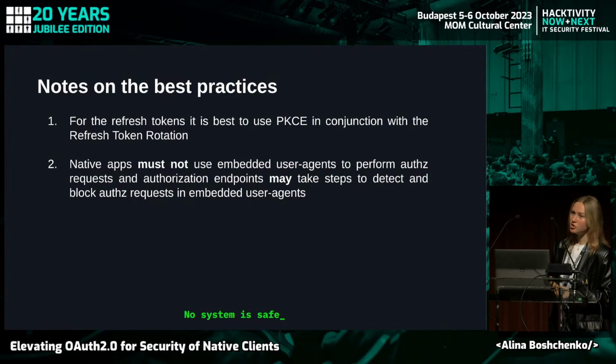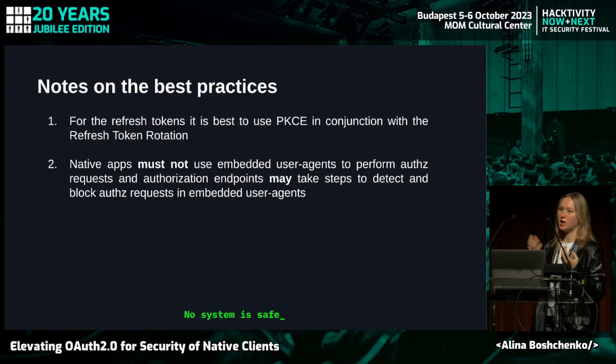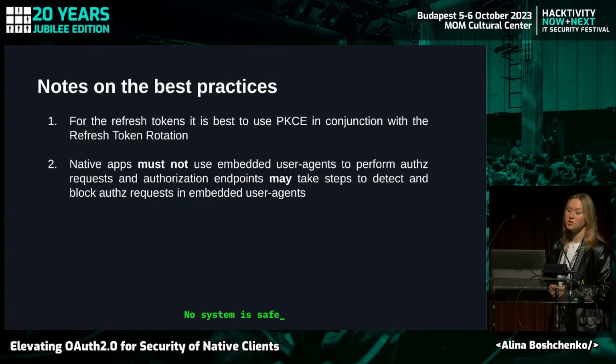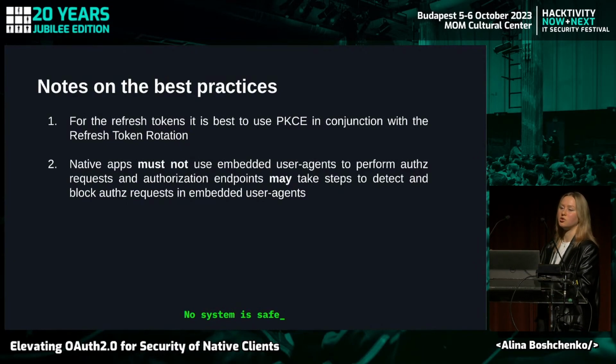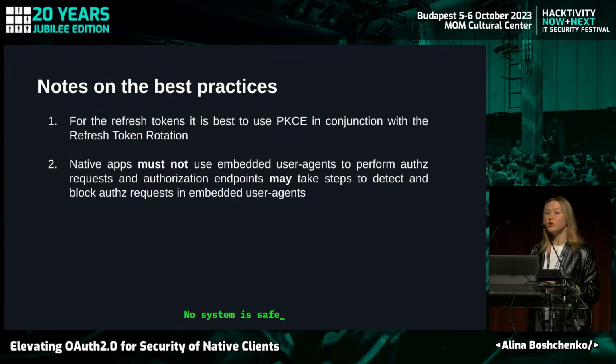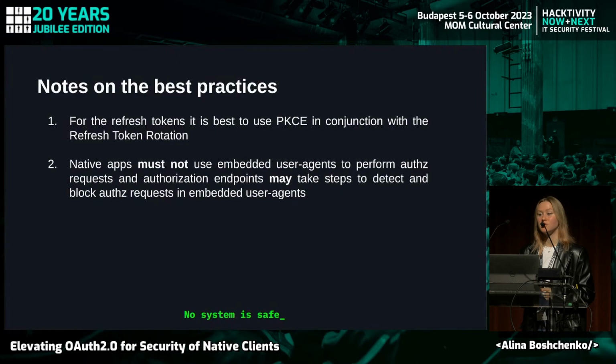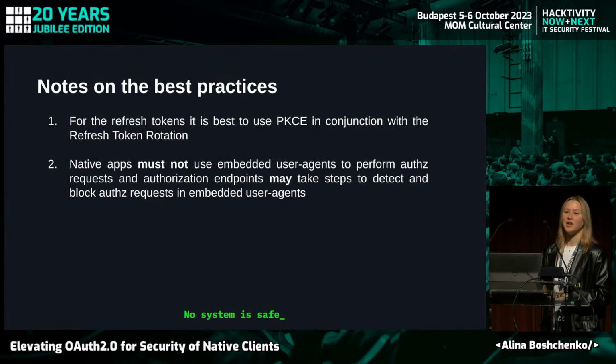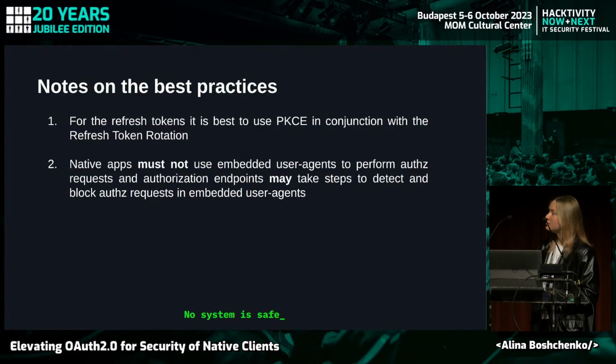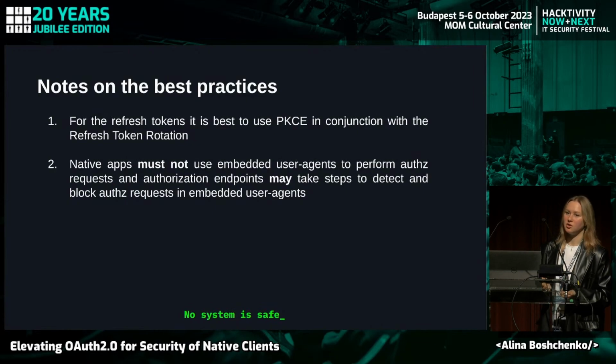The external user agent is usually the device's native browser, while the embedded user agent is a browser integrated in a certain application. And according to the best practices, native apps must not use embedded user agents to perform auth requests, and authorization endpoints may even take steps to detect and block such requests.